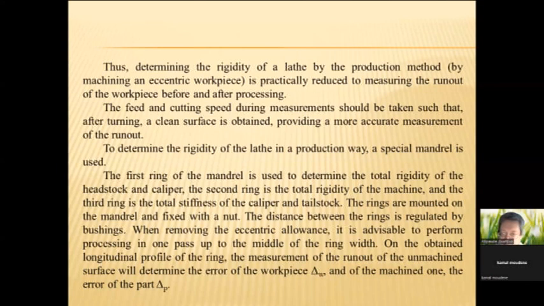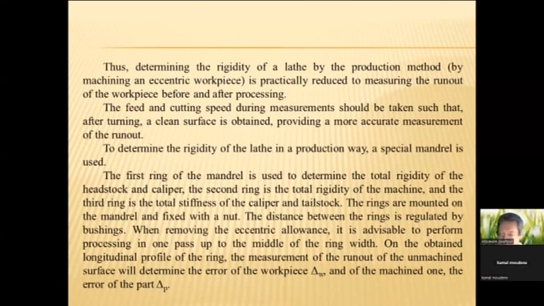The rings are mounted on the mandrel and fixed with a nut. The distance between the rings is regulated by bushings.